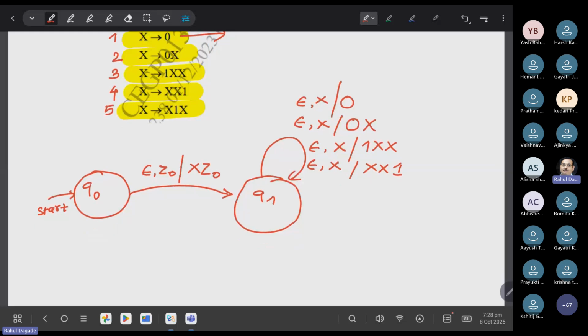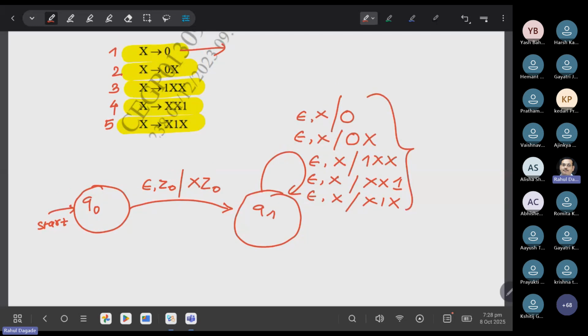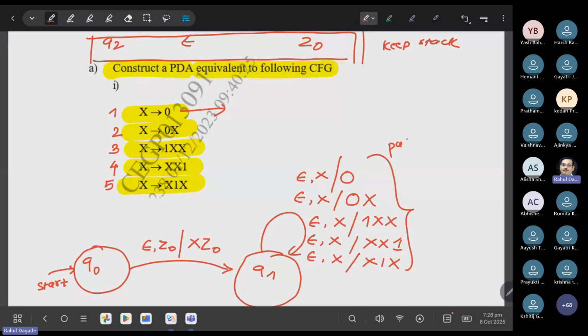And finally, for the fifth production, when null is input, X is on stack, then push X1X on stack. So these are all push operations, push operations for all productions.